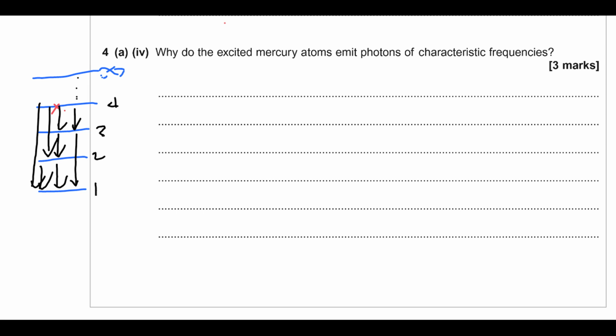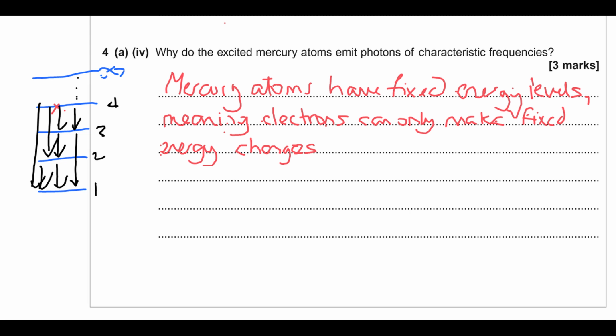So let's put that into words. First of all, we can see mercury electrons have distinct energy levels. Mercury atoms have fixed energy levels, meaning electrons can only make fixed energy changes. So they can only make these fixed transitions. They can't go halfway, three quarters of the way, anything like that. And that means photons emitted have to have fixed energy.